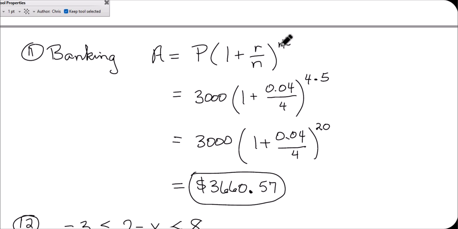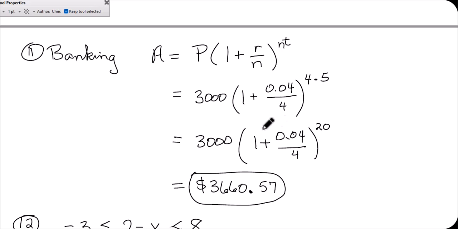In our case, it was quarterly, so n is 4. See the 4 in both places, 5 years. R was my interest rate, which was 0.04. And the amount of money I'm putting in is 3,000.